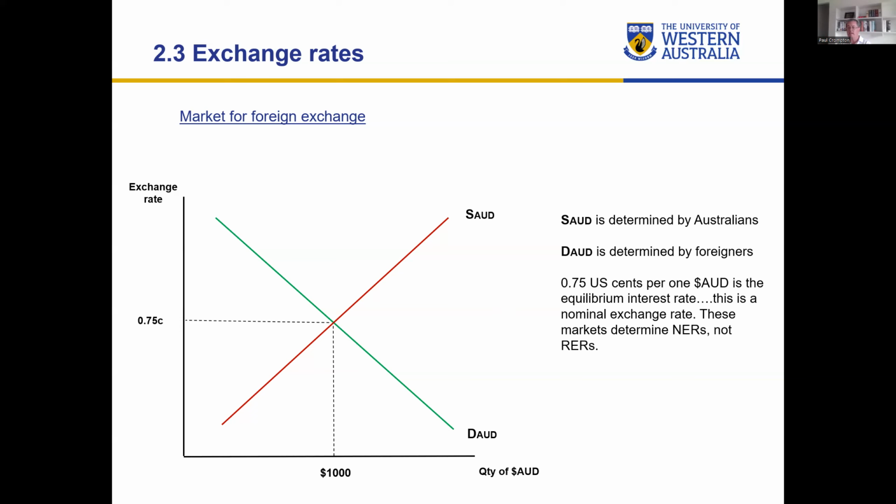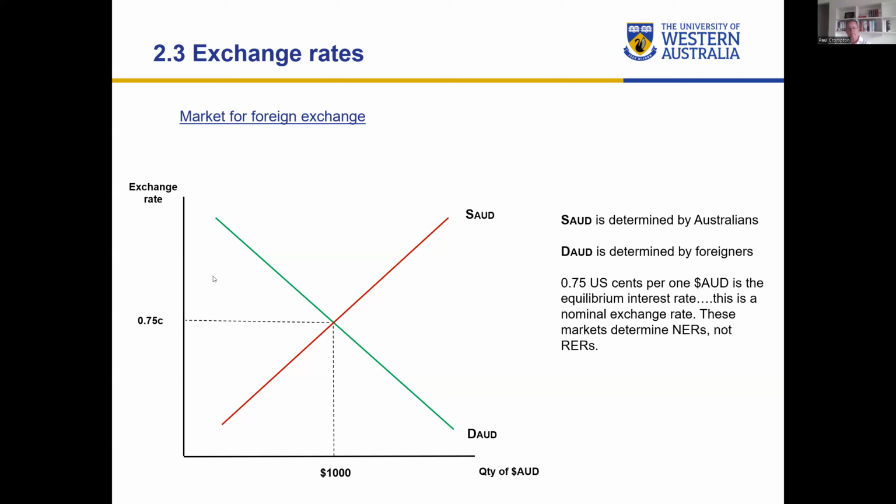An asset could be real estate, a foreigner buying an Australian home, a foreigner buying an Australian share, or an Australian bond. We'll learn about bonds a little bit later in the course. So the demand curve is generated by foreigners wishing to buy Australian dollars so they can buy something Australian, an Australian good or service or asset.